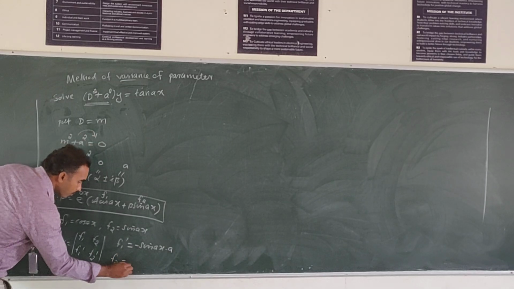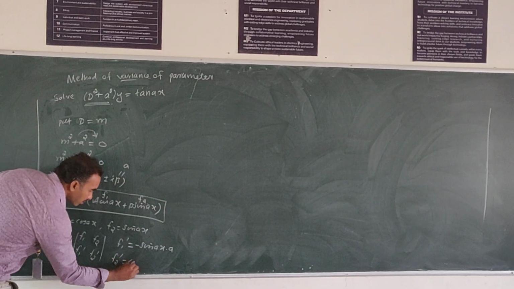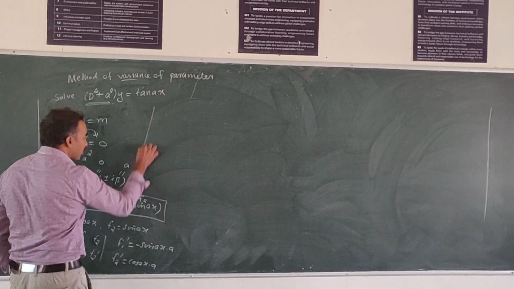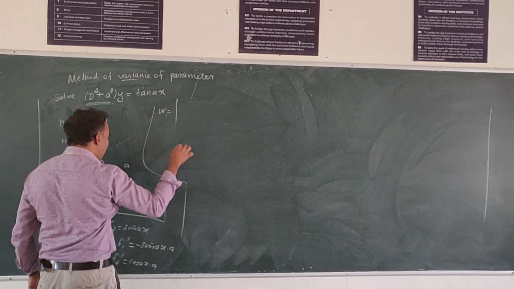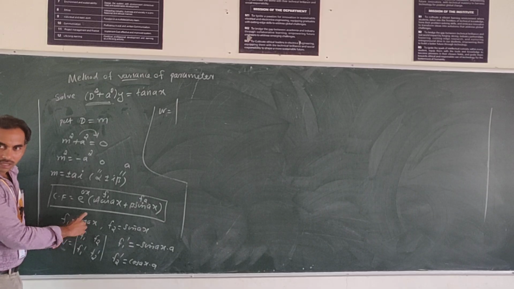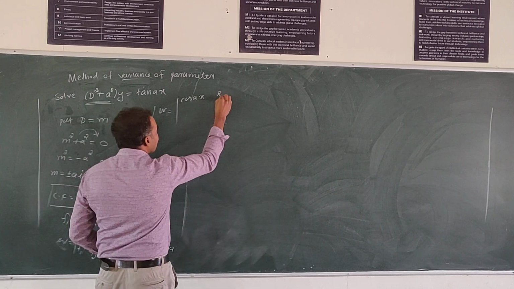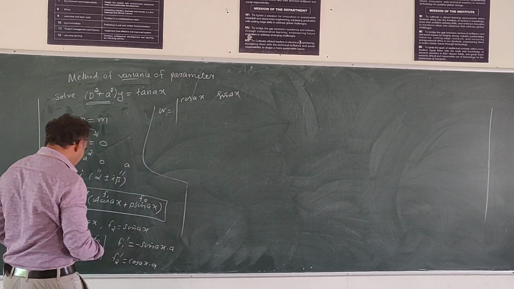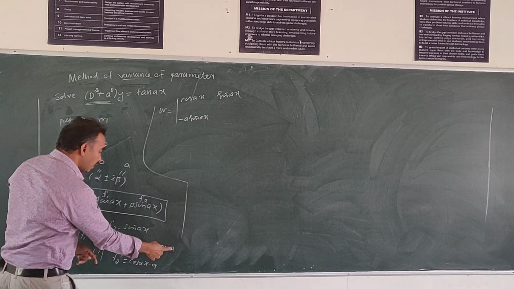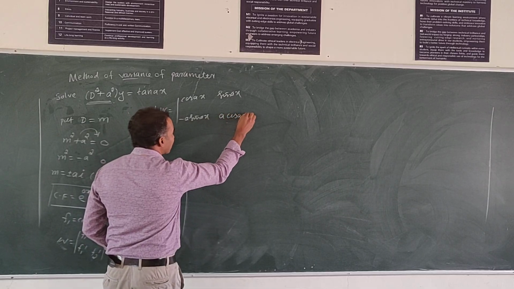Next, f2 dash. What is the differentiation of sin? Cos. So cos ax into a. Apply these values here. So W = determinant: f1 is cos ax, f2 is sin ax, f1 dash is minus a sin ax, f2 dash is a cos ax.